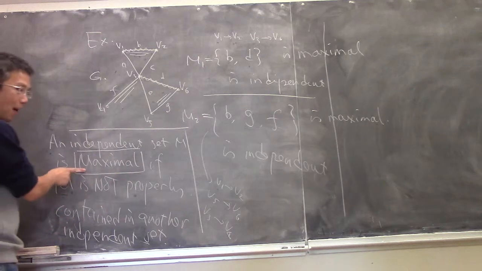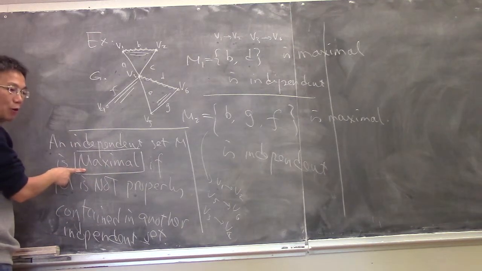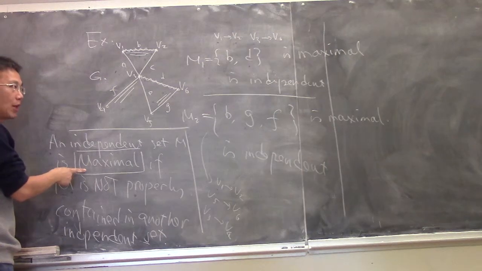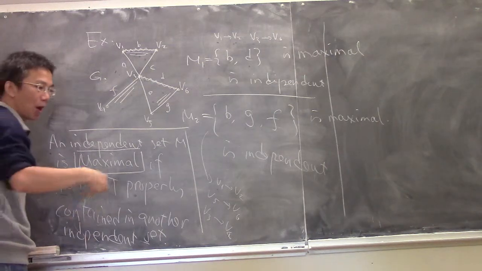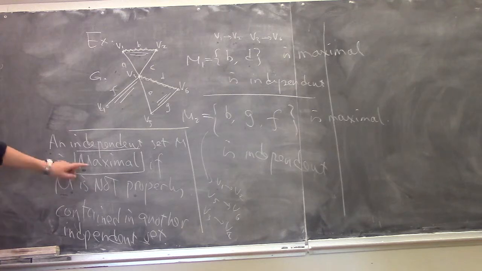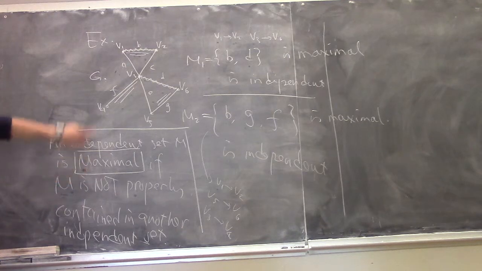According to the definition of maximum, you are not able to add any more edge into this matching, into this independent set, and still keep the property of independence, right? So that's what we mean by the maximum. Both of the two matchings are maximum.